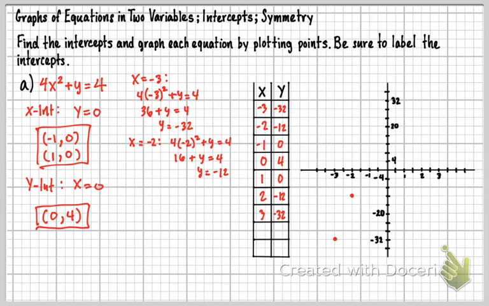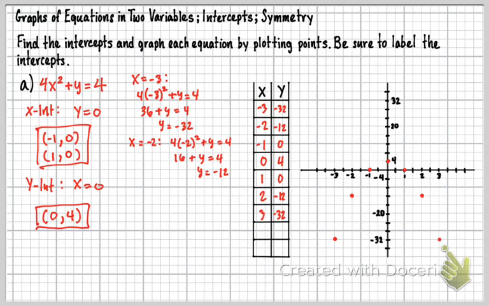And then my third one is -1, 0. So it's going to be here. And then I have 0, 4. So that's going to be here. And then 1, 0. And then 2, -12. And then the last point here is going to be 3, -32.